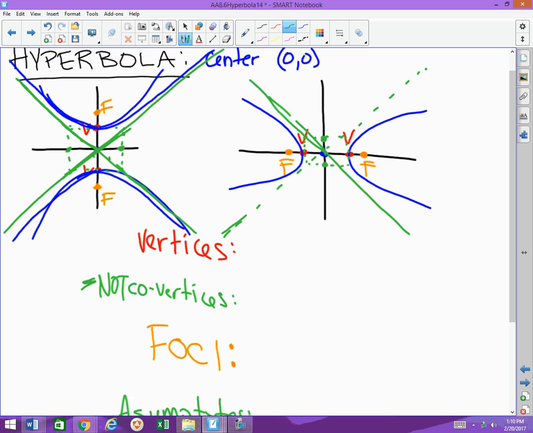So this one I did somewhat okay at the initial part, but it should be curved and go there and there. So there's a better picture of what the hyperbola looks like.